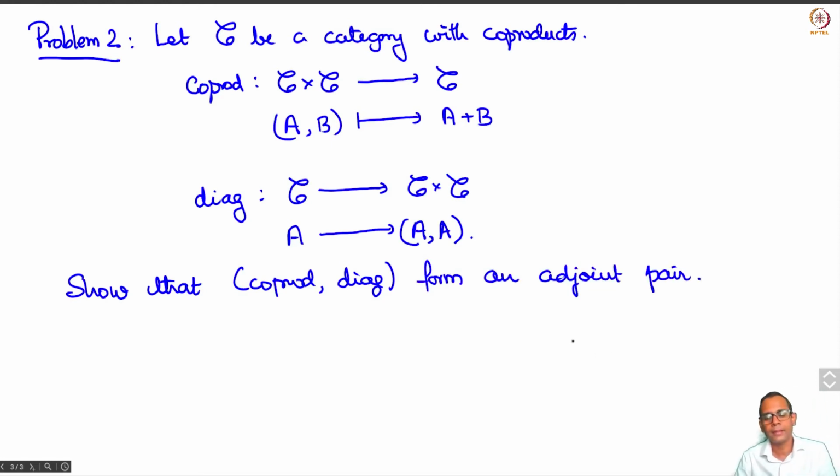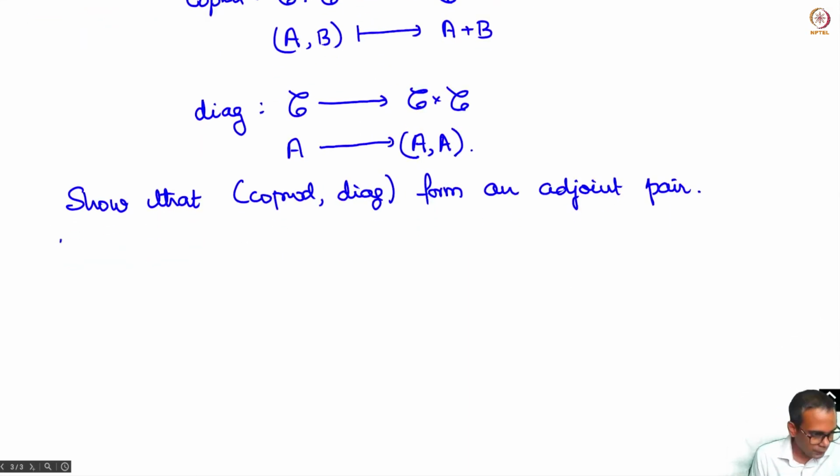So you should again go back to the definitions and try to see exactly what you need to prove and try to do it yourself. But if not, you can watch me solve this.